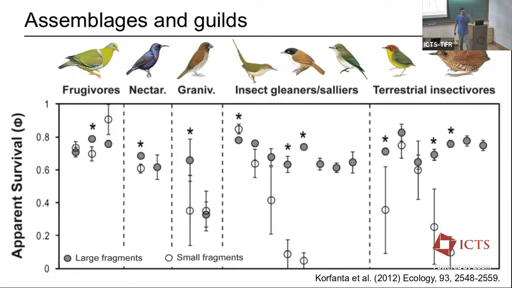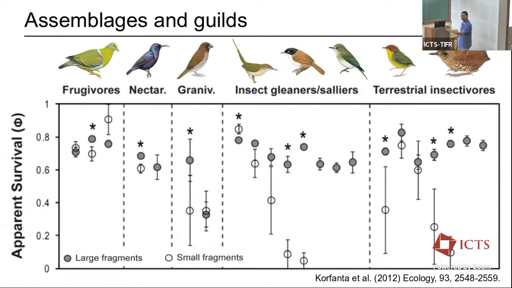And then you can see that I have reason to believe that species that eat insects are likely to respond differently to fragmentation or deforestation than species that feed on nectar or species that feed on fruit. And for some reason, I believe this, or I have reason to expect this, because maybe with deforestation, what happens is that the insect community changes, but the fruiting trees don't change very much.